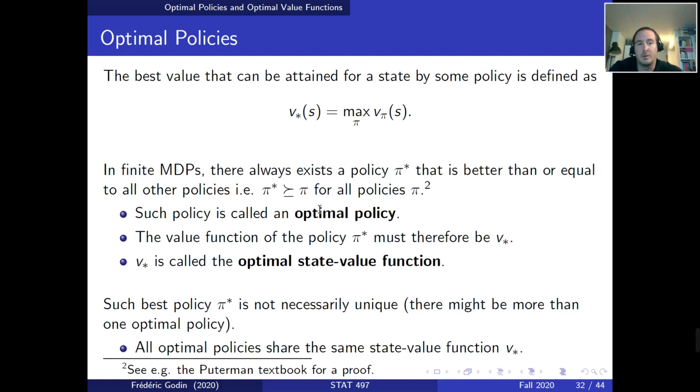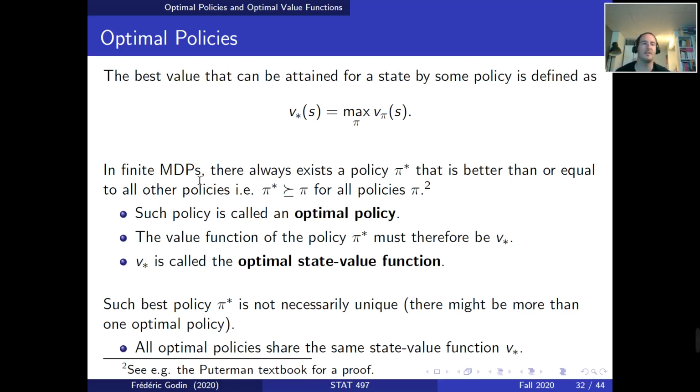It's not surprising that we call this policy the optimal policy. This is the policy we typically want to discover. It's the policy which maximizes the expected return in all states, and it can be proven that such a policy exists under the finite Markov decision problem assumption.